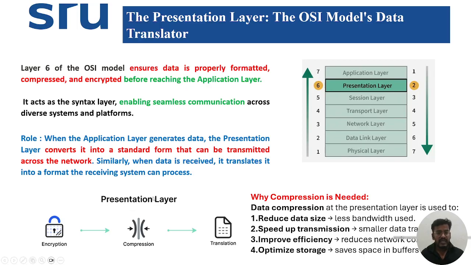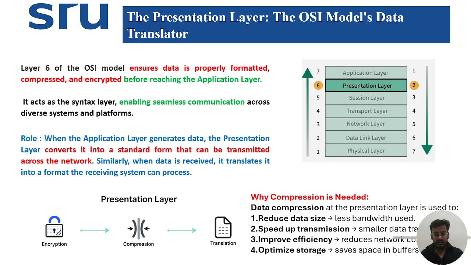This simple schematic diagram represents the plain text data being encrypted, then the data being compressed in case the size is higher, and then translation can also be executed through the presentation layer.